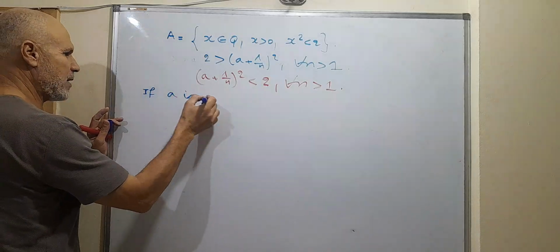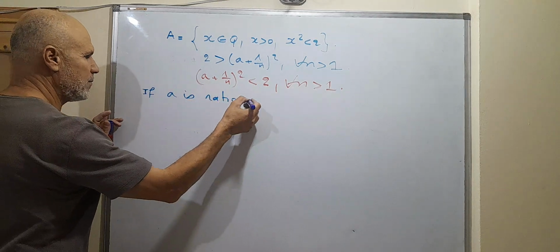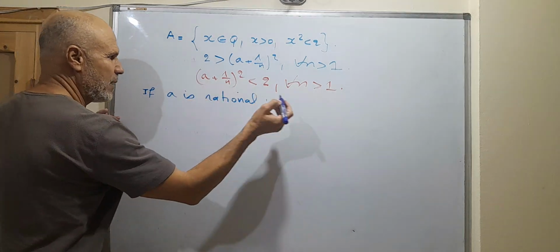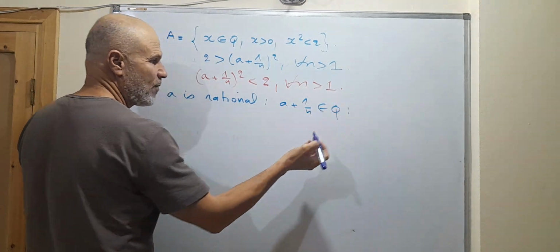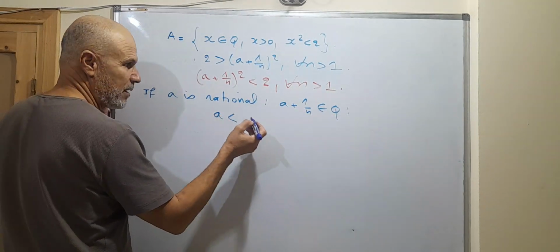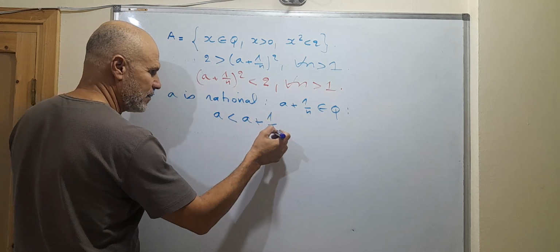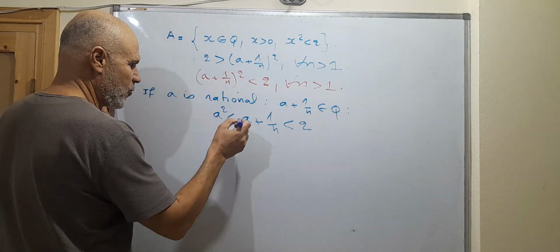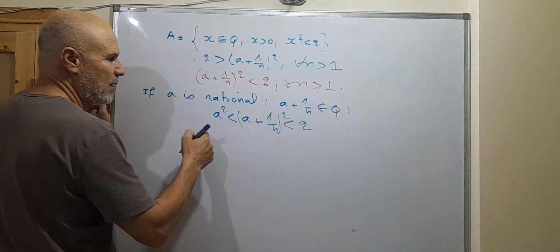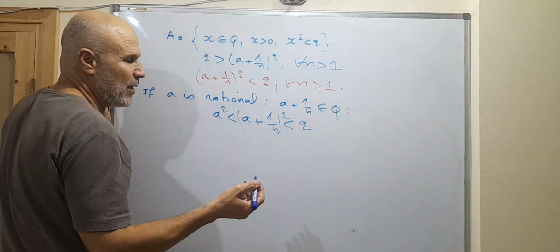If a is a rational number, then a plus 1 over n belongs to Q, and its square is less than 2. Here we have a problem.